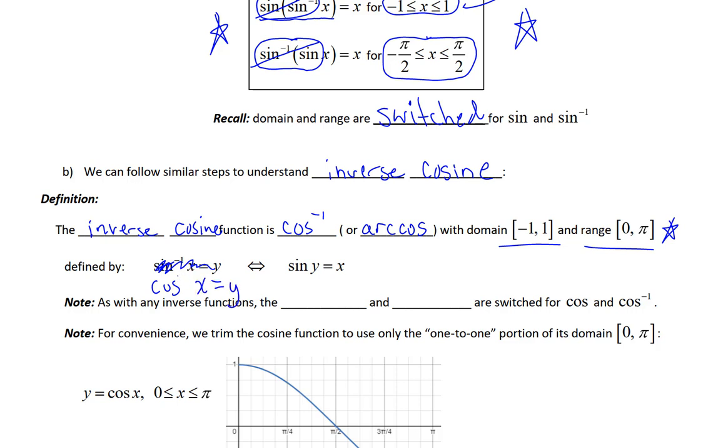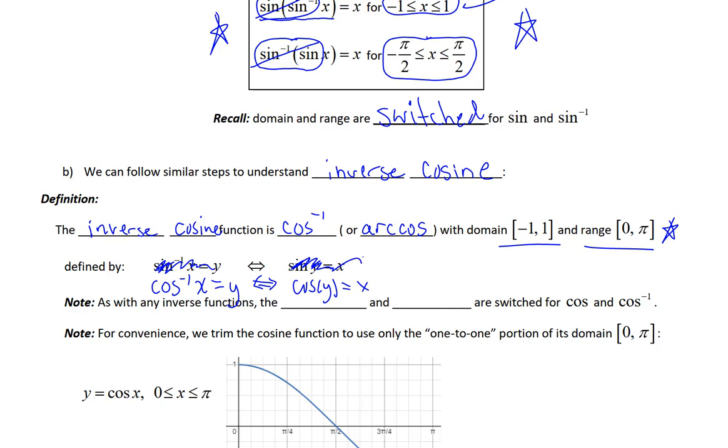So again, cosine inverse looks like cos with a little -1 exponent or superscript with it. So cosine inverse of x equals y. That is the same thing as saying that the cosine of y equals x. So those should say cosine there.